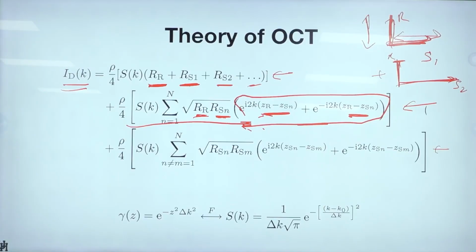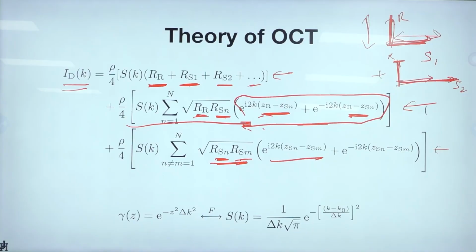That's what this captures. This particular term captures how much light is reflected from different layers, and these ones are from S1 and S2. This is the kind of term where the light interferes between the first layer and the second layer, and the third layer and the fourth layer.